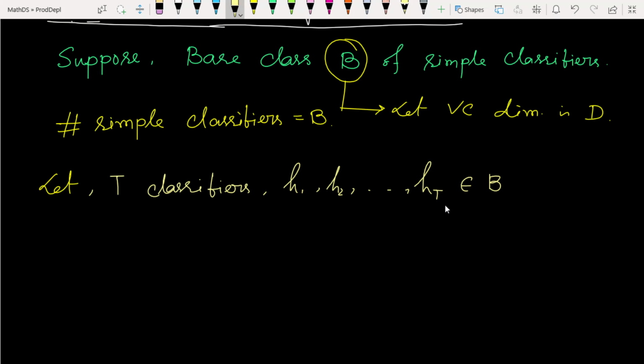Okay, and let the weight vectors be w1 for h1, w2 for h2, respectively. Let it belong to the set R^T, T-dimensional. Since we have taken T classifiers here, its dimension also belongs to R^T. Why this happens, I am going to discuss.